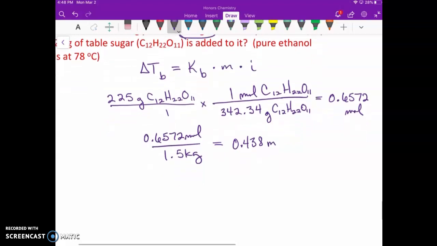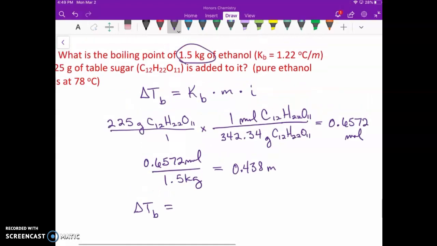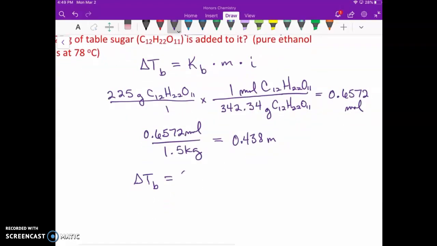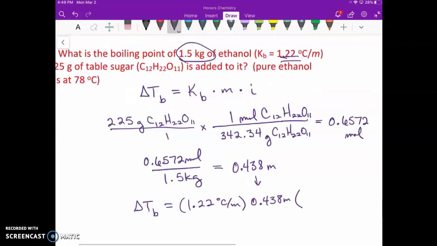So now I have almost everything I need for delta TB. So it's going to be Kb, which was given to me in the problem, 1.22 degrees Celsius per molal. And then we just got our molality, 0.438 molal.